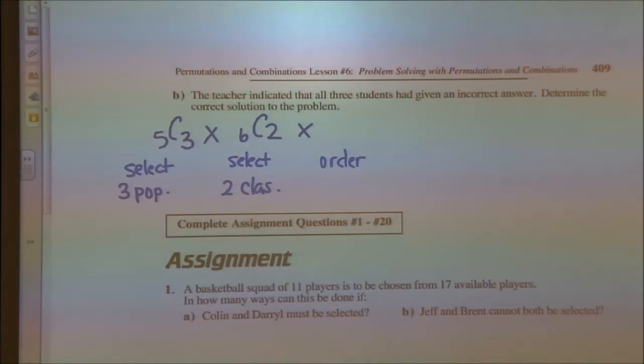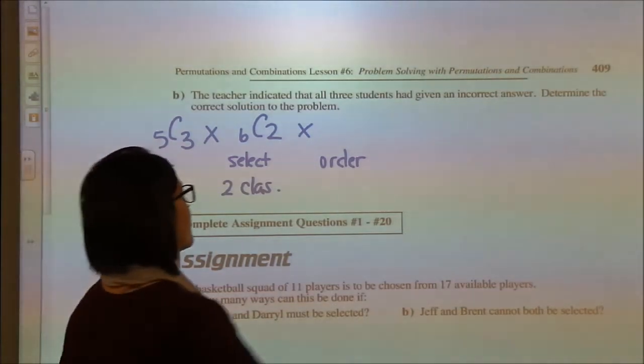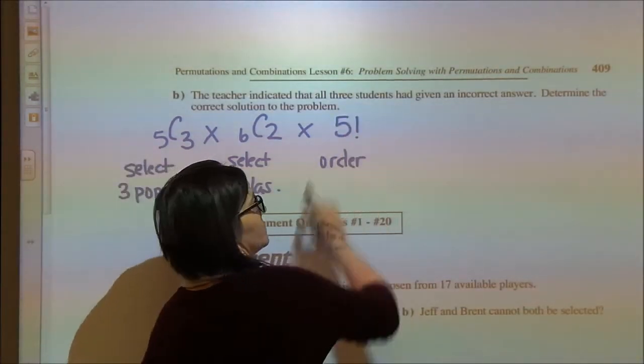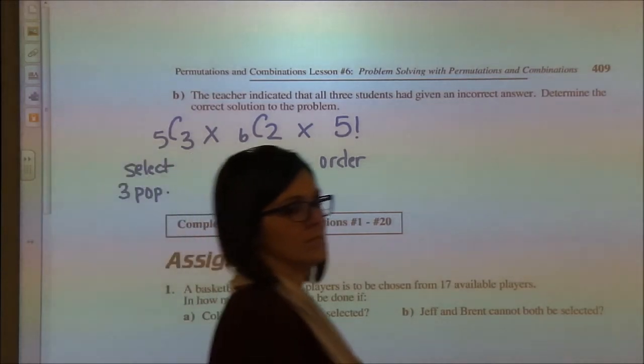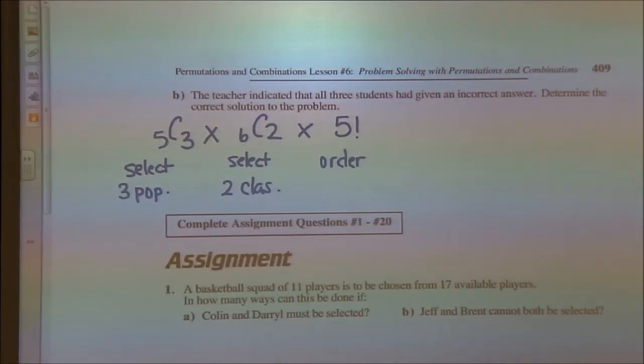The second slot I have, then, 4, 3, 2, 1, so how can I abbreviate that? 5 factorial. So that 5 factorial takes care of arranging the 5 songs. The 5C3 and the 6C2 take care of pulling the songs out.